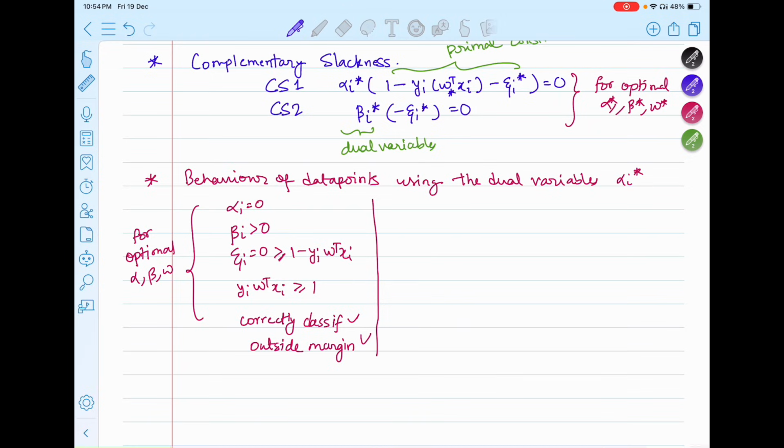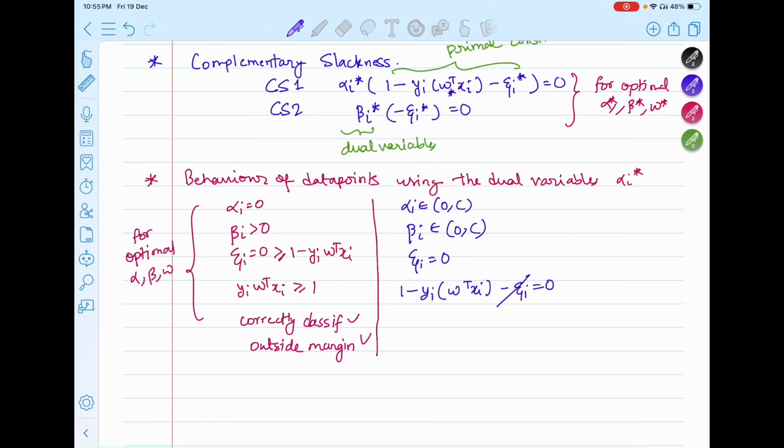What if alpha i lies between 0 and c? In that case, beta i should also lie between 0 and c. And then zeta i has to be 0. Again, I can say that 1 minus yi times w transpose xi minus zeta i has to be equal to 0.